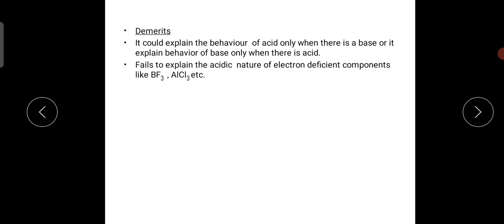Demerits: it can explain the character of an acid only if there is a base, and likewise the behavior of a base only if there is an acid. It also cannot explain the acidic nature of electron deficient compounds. Aluminum trichloride is the best example.